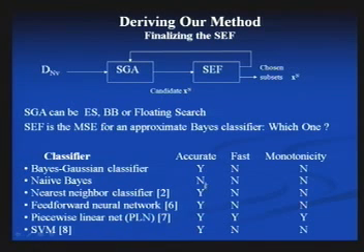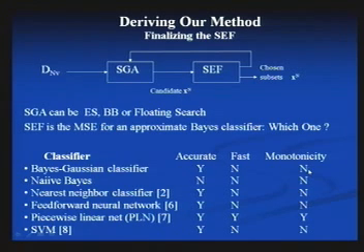A lot of these can be accurate and get good results if you make the classifiers large enough. As far as fast, none of them are fast, except possibly the piecewise linear network, and I'll describe what I mean there in a minute. Now, what about monotonicity?